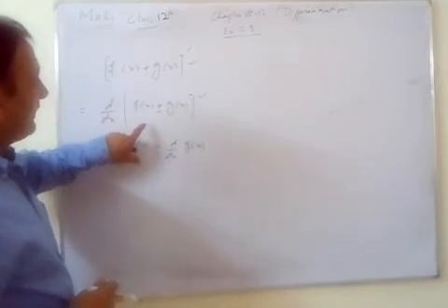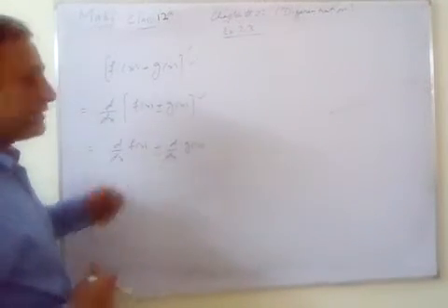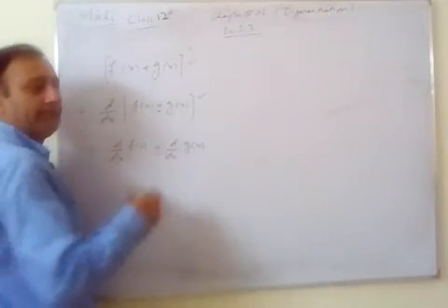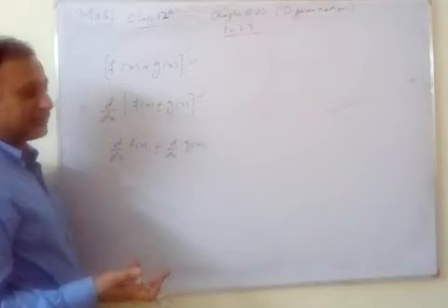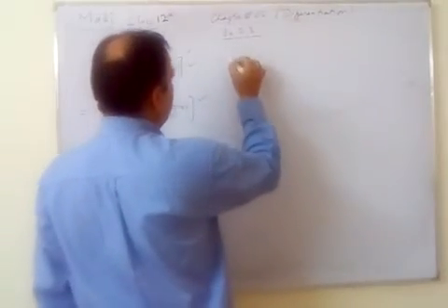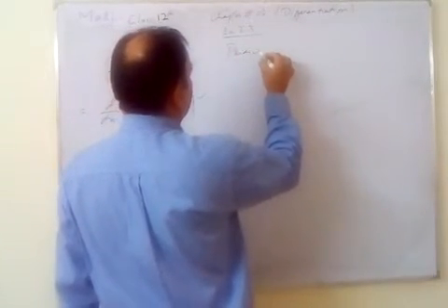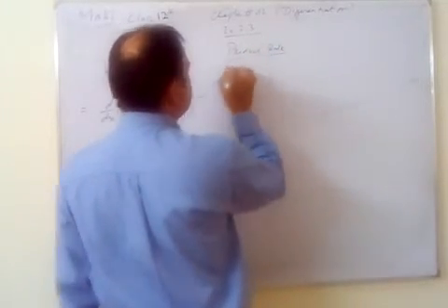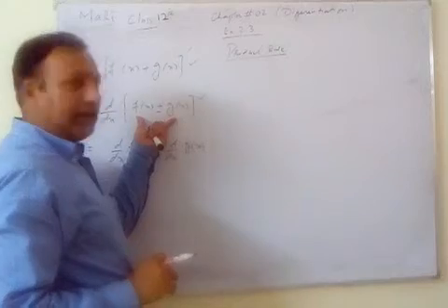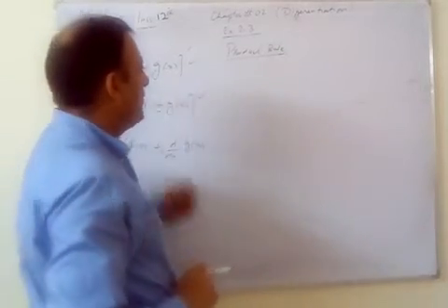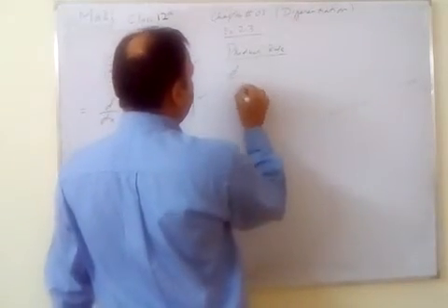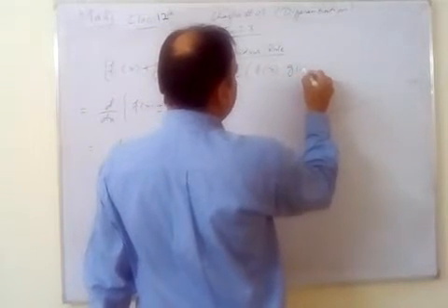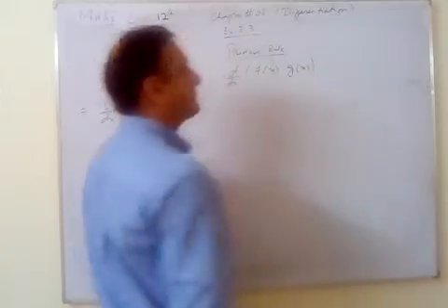So for the sum or difference of two functions, we can take the derivative in this manner: derivative of first plus derivative of second function. But product rule says that instead of adding or subtracting, we are multiplying two functions f of x and g of x.